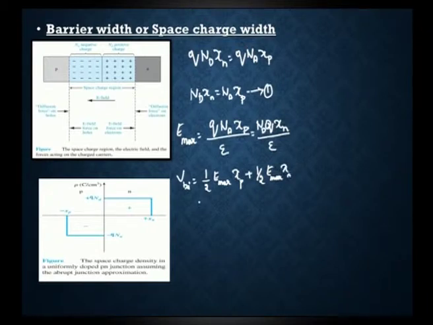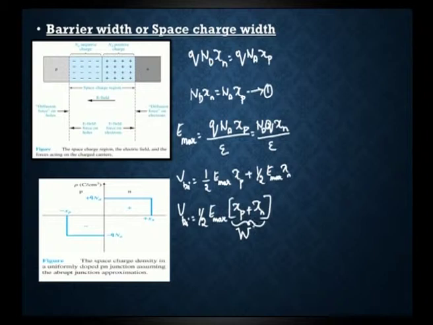We can rewrite this as Vbi is equal to half into Emax of Xp plus Xn. Here we can observe that Xp plus Xn gives the width; this is the barrier width.